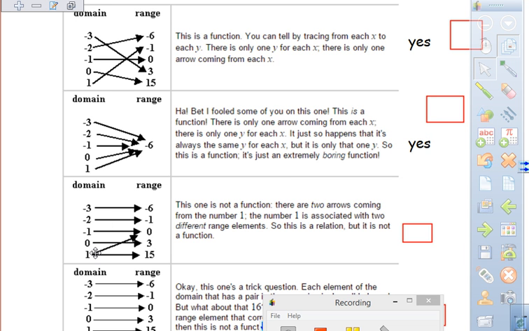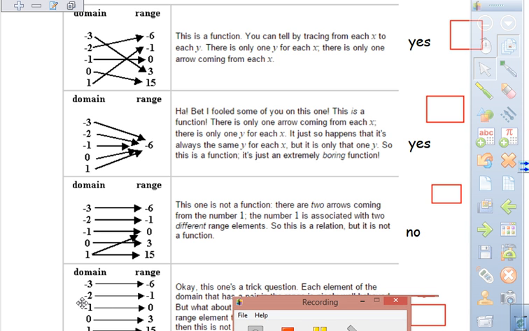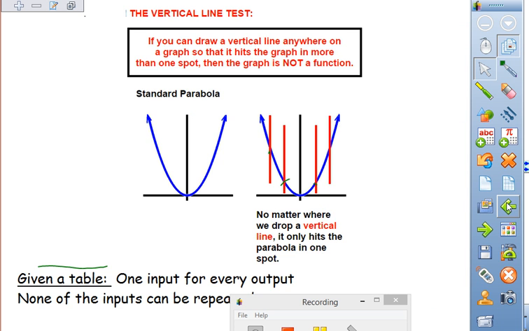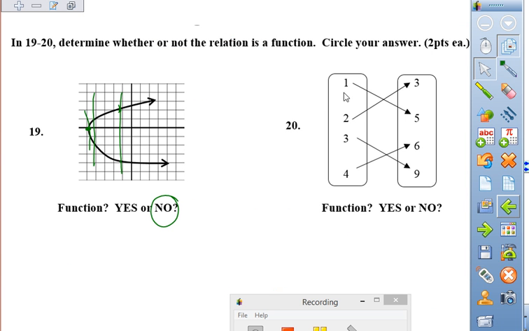This one, the 1 matches to 0 and it matches to 15, so that domain is used twice, so this is going to be a no. And then this last one, the domains are each used one time, so that is a function. So if we go back to our question, number 20, are any of these numbers used more than once? No, they match onto one output. So I would say that yes, this is a function.